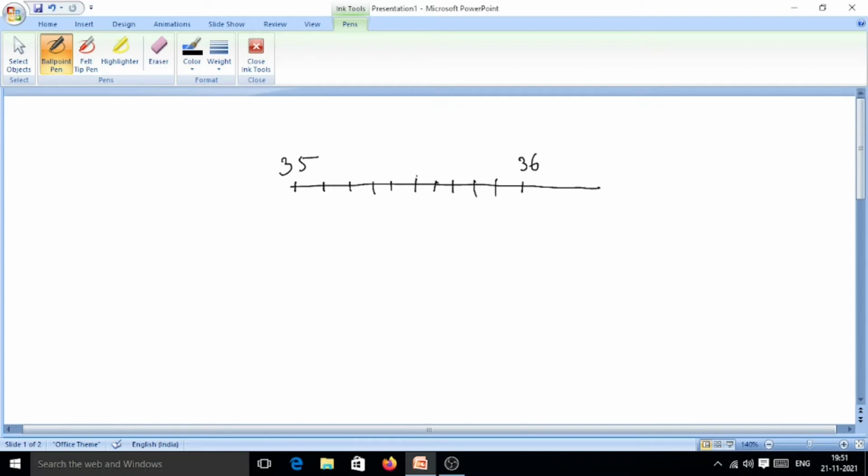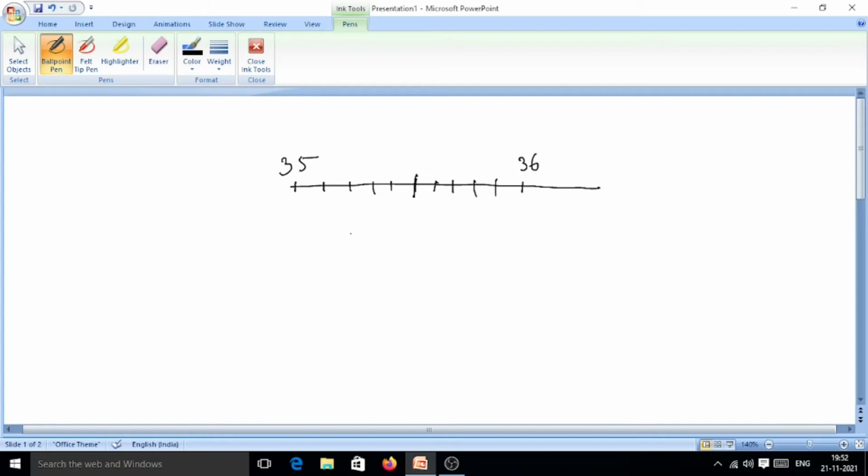So when the temperature increases from 35 degrees Celsius to 36 degrees Celsius, it has to cross 10 subdivisions.